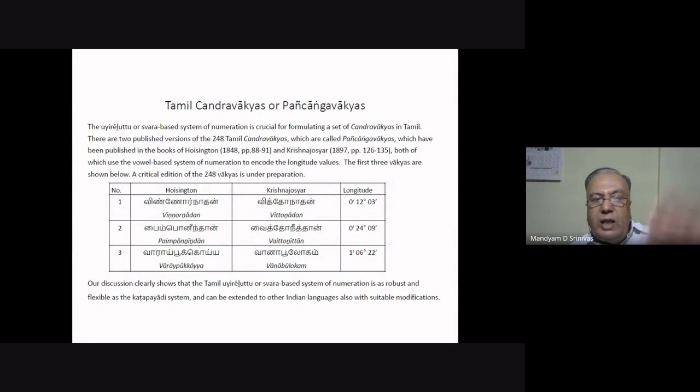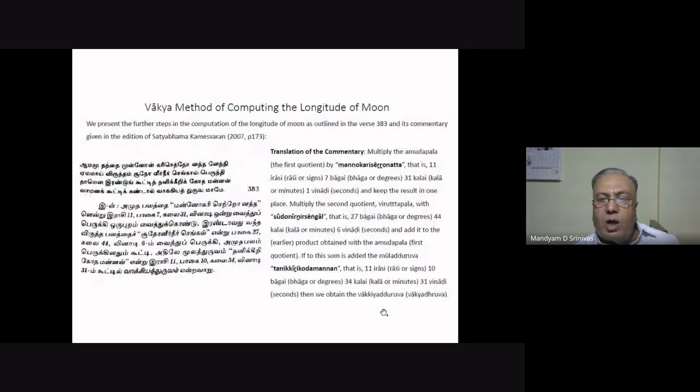You can attach it to any consonant and it has the same numerical value. In Katapayadi, you can have 2 or 3 consonants which have the same value, ka, ta, and pa, same. You can attach any vowel to it. So both are very flexible, both are very robust. And to some extent, this vowel system can be extended to other Indian languages also with suitable modifications.